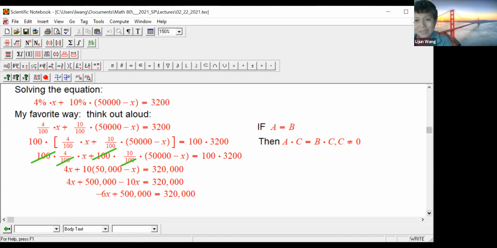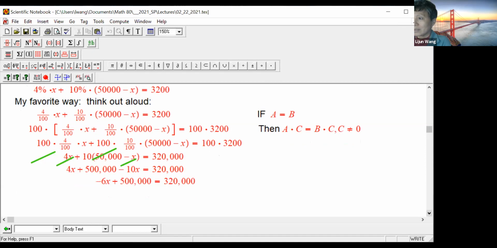The reason I use fractions is that this way I don't have to deal with decimals. Next, I'm going to move the negative 6x to the other side and subtract 320,000. So the next step I will have 500,000 minus 320,000 equals 6x.